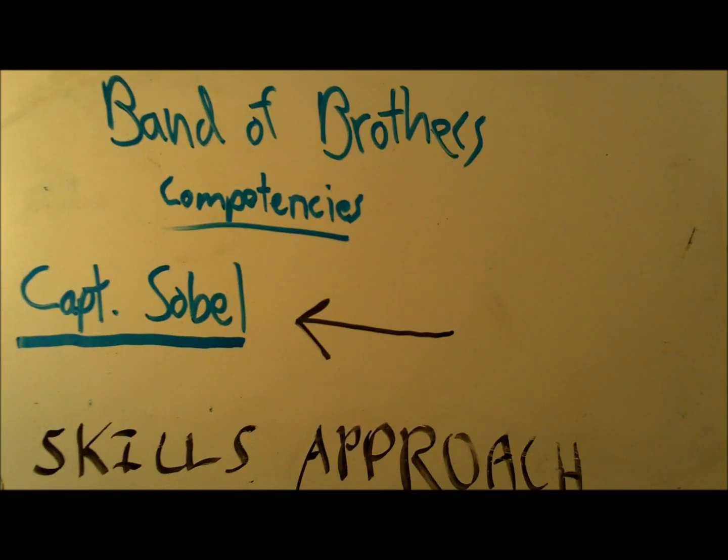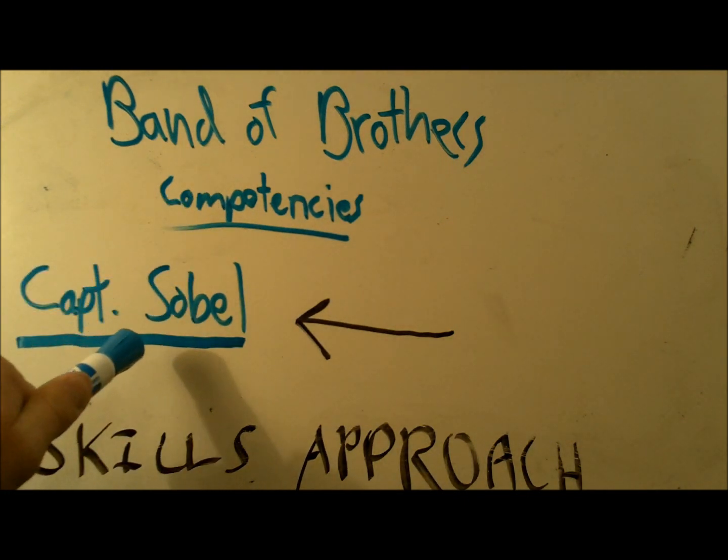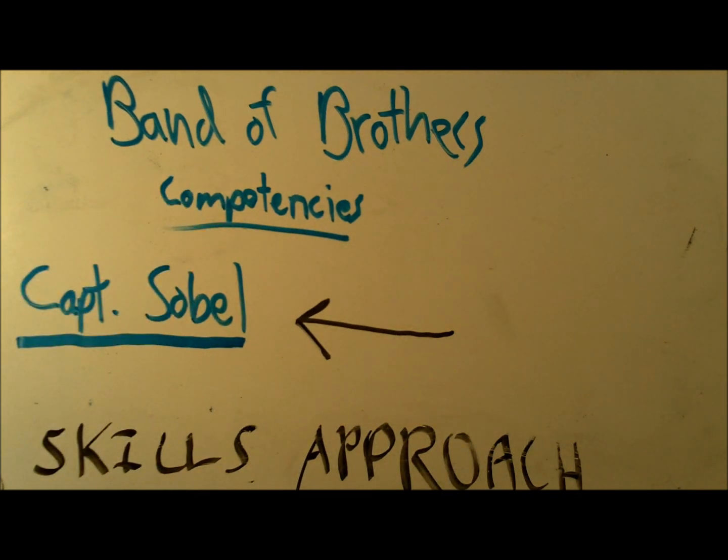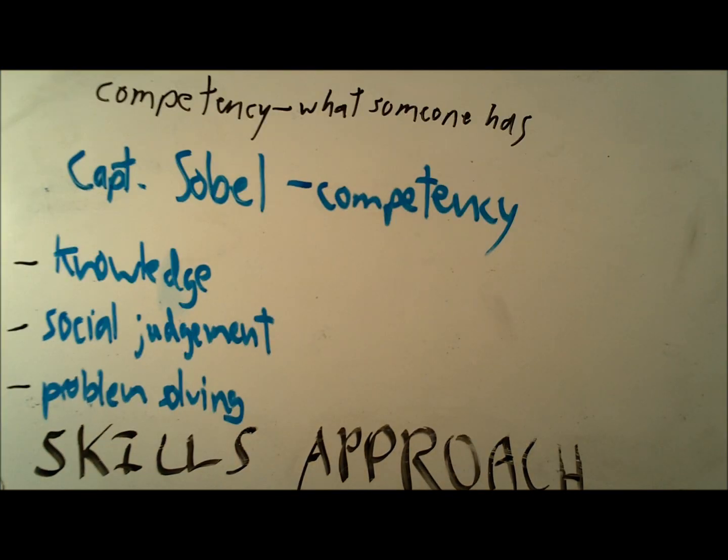So, now we're going to take a look at the competencies of Captain Sobel from Band of Brothers as shown in these last couple little clips. So, looking at Captain Sobel's competencies, first there's knowledge.